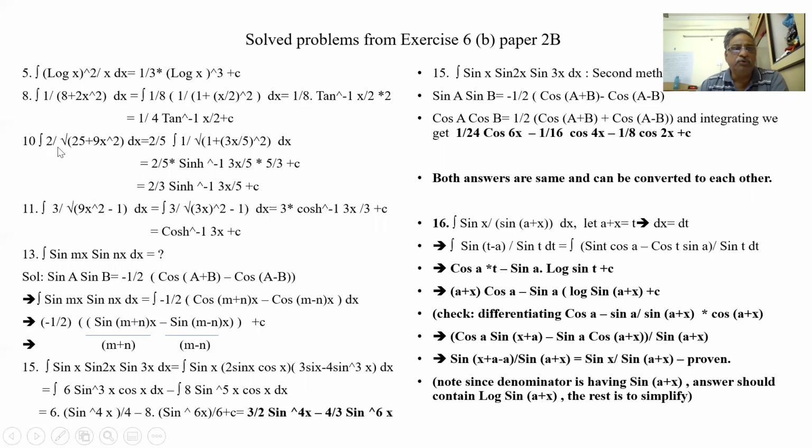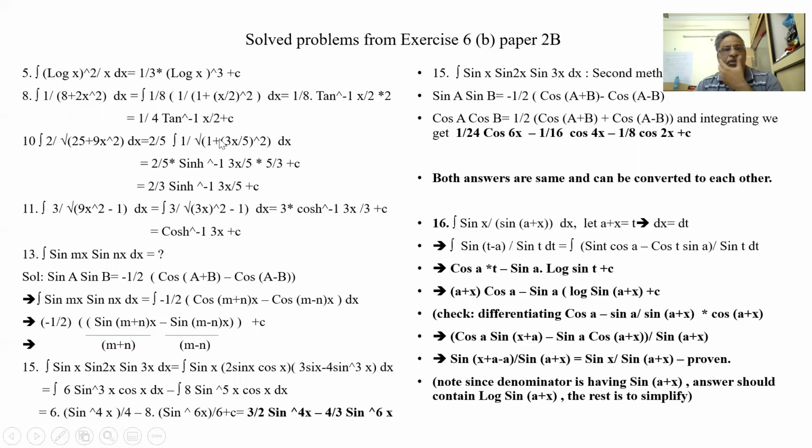This is also 2 by root of 25 plus a. This is also again a plus x square. So if I take 25 out, 9 by 25 is 3x by 5, also again tan. This is x square. Root is there. So this is not tan inverse. Root is there means, if it is minus, I have sin inverse. Since it is plus, I can use sin h theta. So sin h inverse.